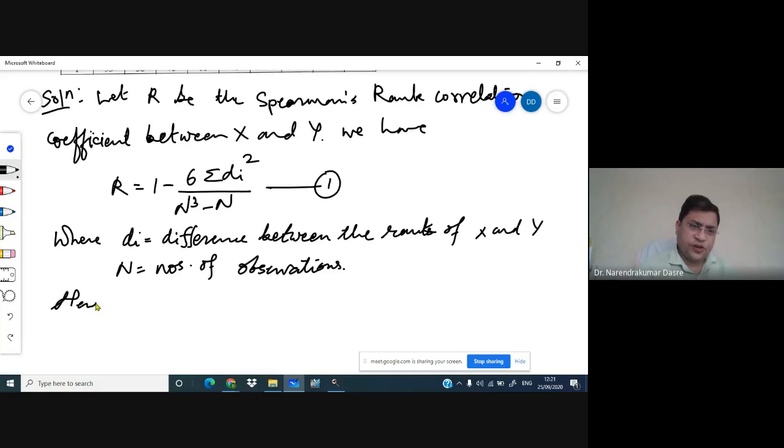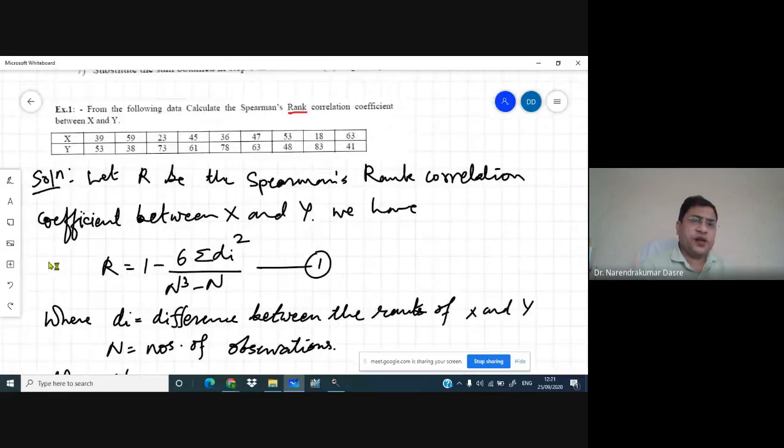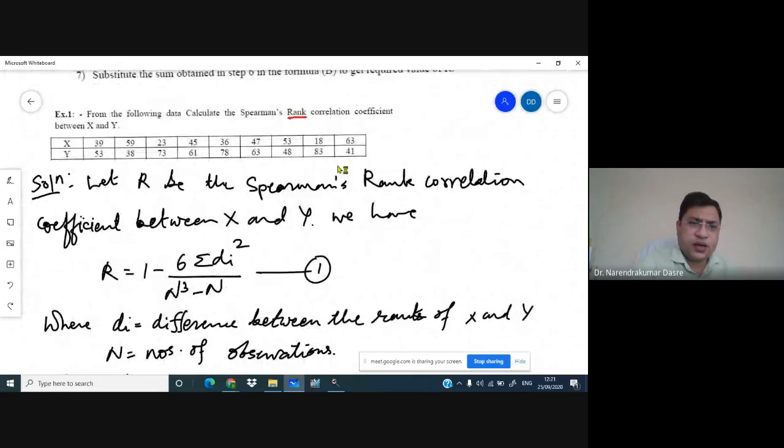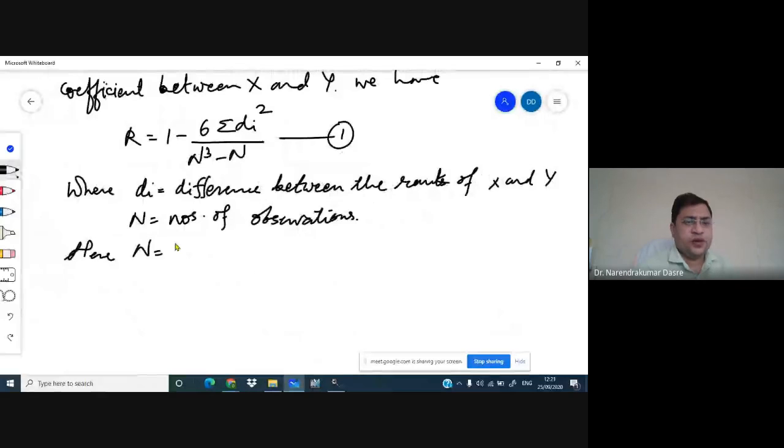What is the value of n here? We can count the entries: 1, 2, 3, 4, 5, 6, 7, 8, 9, and 10. So these are the 10 entries. So 10 observations are there, and that's why the value of n is going to be 10 here.